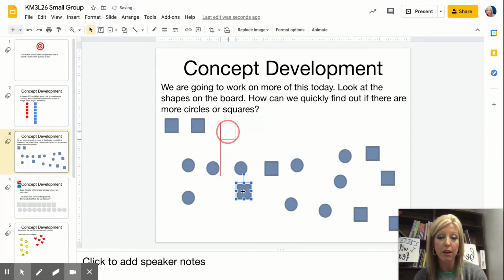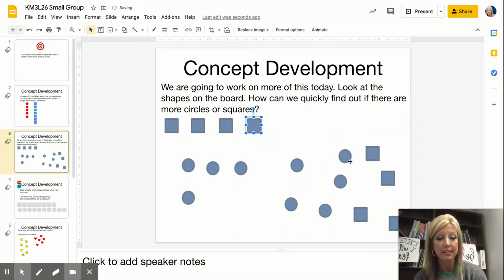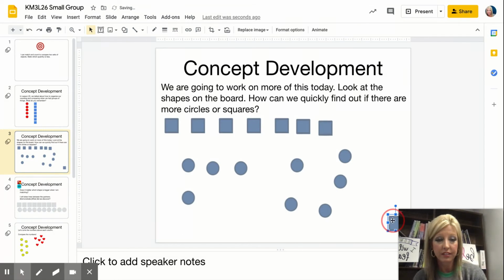We can do rows, which are side to side, or you could have done columns like we did on our first picture, which was up and down. Just some way to organize so you can see. So I'm pulling all of my squares together. And now for every square, I want to try to add a circle.